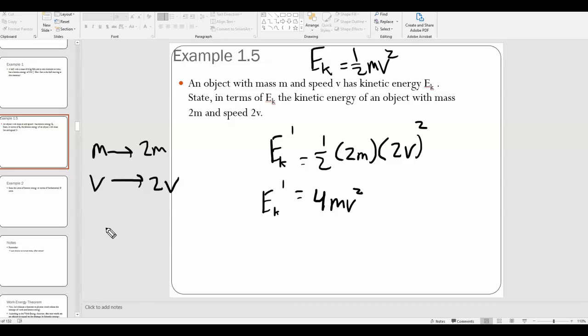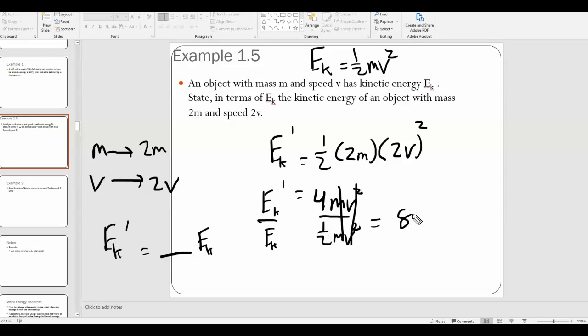Remember that my objective is to find Ek prime equals some number times Ek. One way I can do that is to divide by my original Ek, which is 1/2 mv squared. What I end up with is 4 divided by 1/2, which is 8. So the answer is 8 Ek.